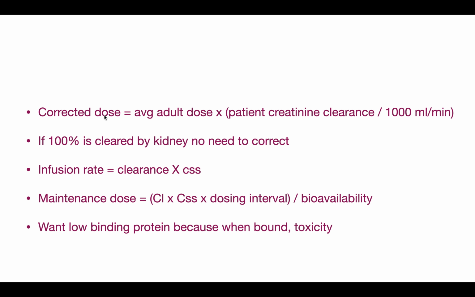Corrected dose is going to depend on the kidneys, so creatinine clearance. If 100% is cleared by the kidney, there is no need for the corrected dose. Infusion rate, of course, maintenance dose, depends on dosing interval, clearance, and the bioavailability.